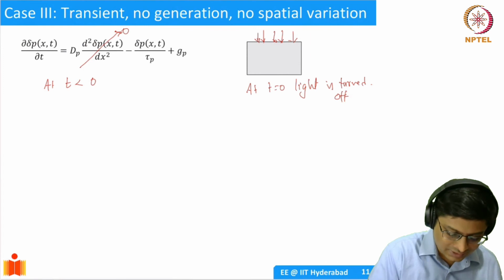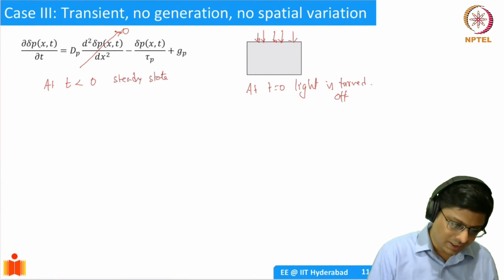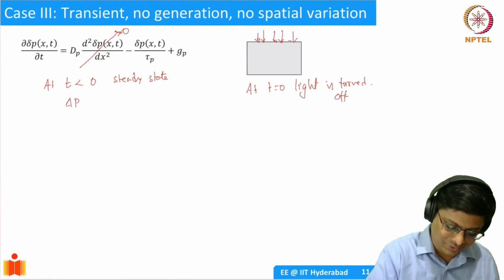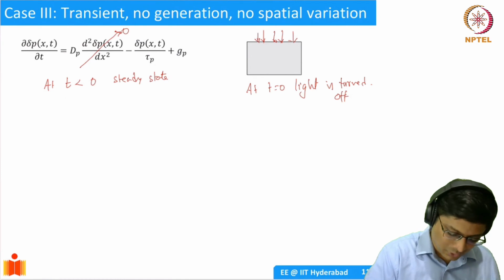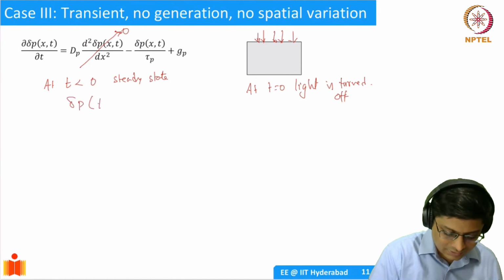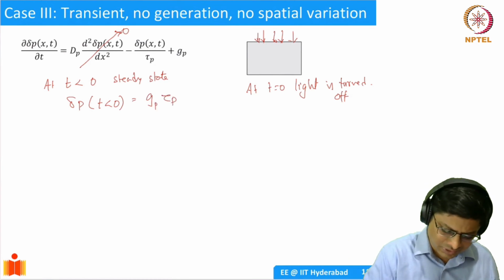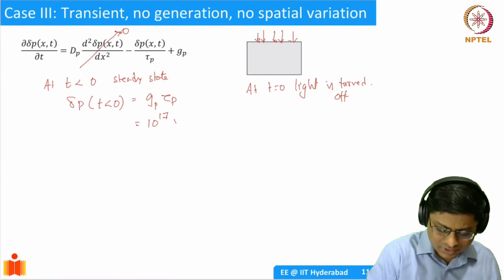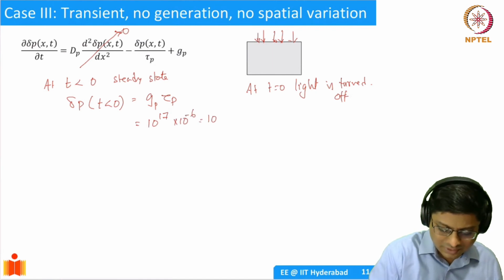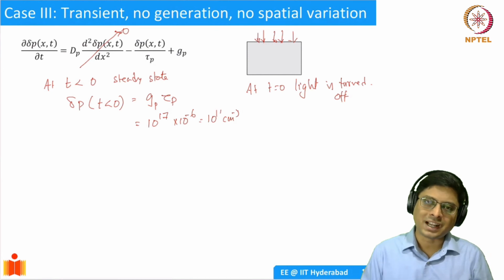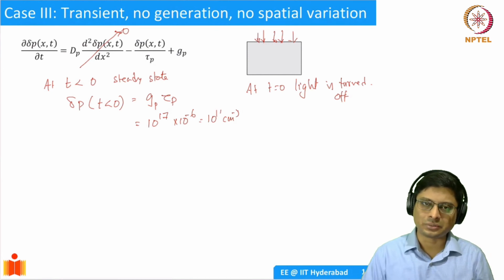So there is steady state for time less than 0, and therefore delta p, I should not use capital P, small p, delta p, t less than 0 is going to be simply generation rate, Gp times tau p. Let's assume the same generation rates. We were using what? 10 power 17 times 10 power minus 6. It's going to be 10 power 11 per centimeter cube. This is at time t less than 0.